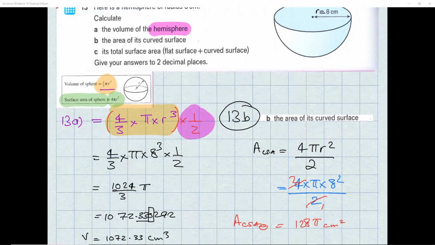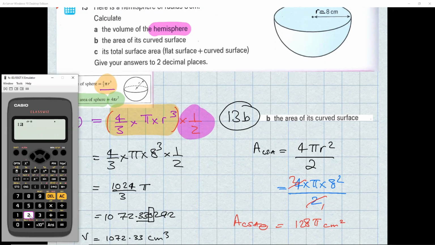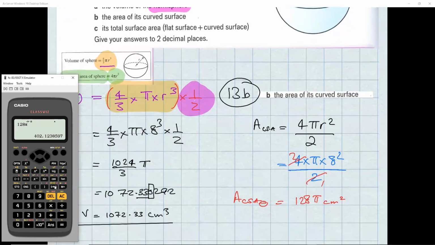Everybody grab your calculators and type into the chat what the answer to that is. So 128 shift pi. Okay, let's get some answers back from you guys. I've got some answers back already. Good. So that gives you 128 pi, obviously. And then you press SD. And we've got to give 2 decimal places.